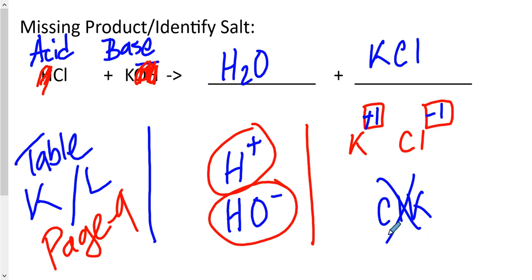During the Regents exam, if you write ClK, they still mark it as a correct answer. But in terms of chemistry, please don't do that. We prefer you to write the chemical formula just like the way we should be writing it in the first place.